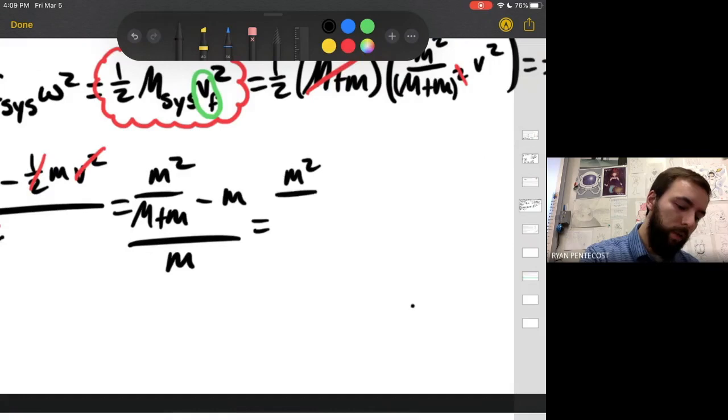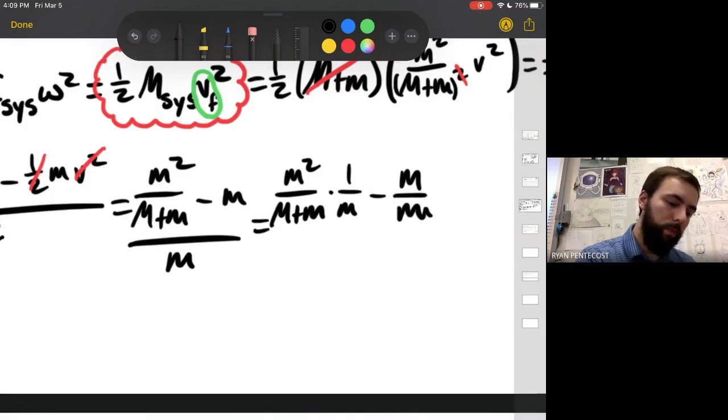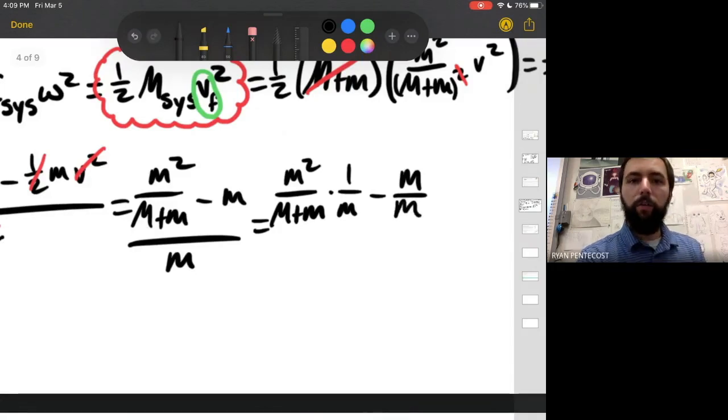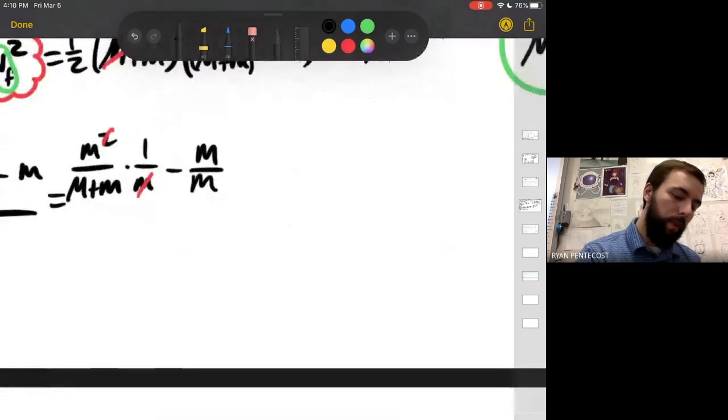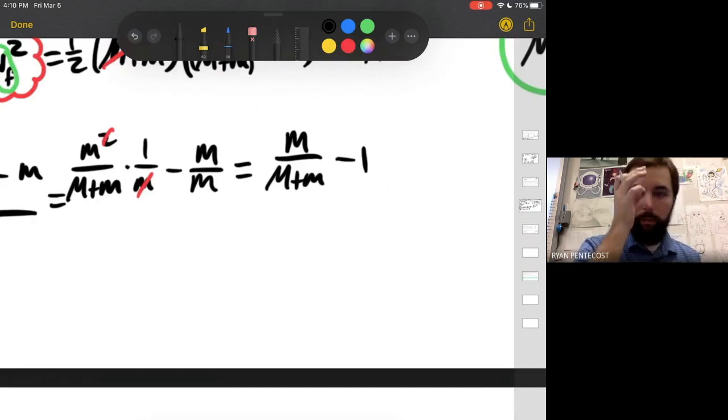Got little m squared over big M plus little m times 1 over little m minus little m divided by little m. Whoops. So all I did is multiply each of those terms by the reciprocal, which would be 1 over little m. That cancels one of those, and mass divided by mass is going to be 1. So this leaves us with little m over big M plus little m minus 1.